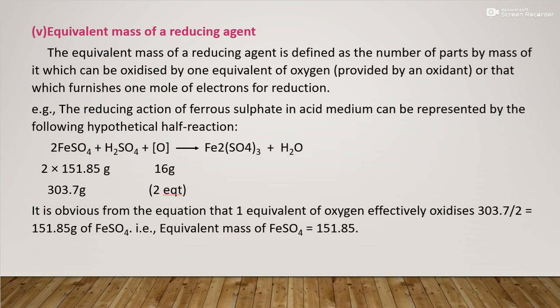Okay. So when we see the hypothetical half reaction, for 2 equivalents of oxygen, it needed 2 FeSO4, that is 303.7 gram. So for 1 equivalent of oxygen, we have 303.7 divided by 2, that is equal to 151.85 gram of FeSO4. This is the equivalent mass of FeSO4.